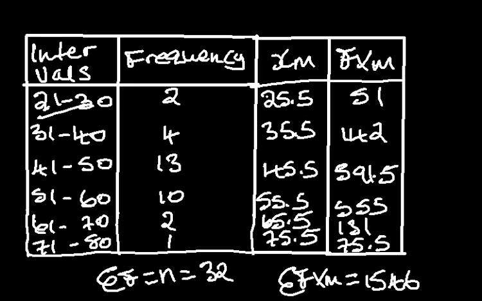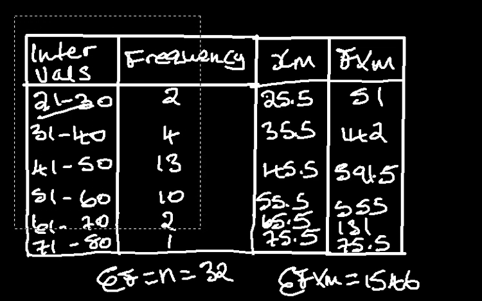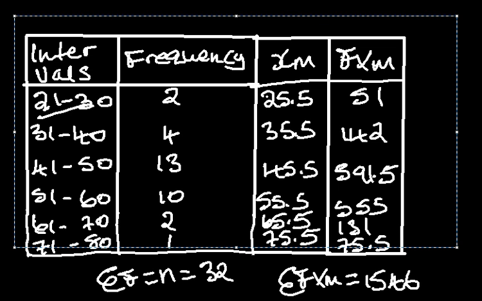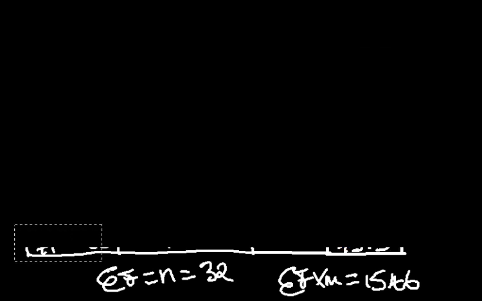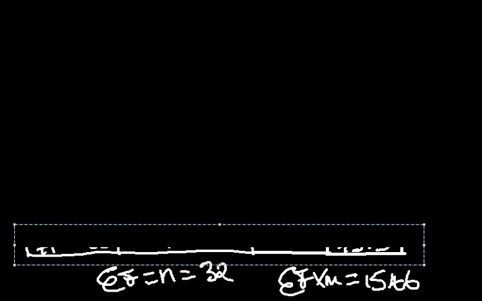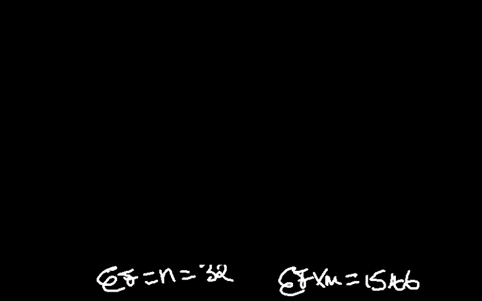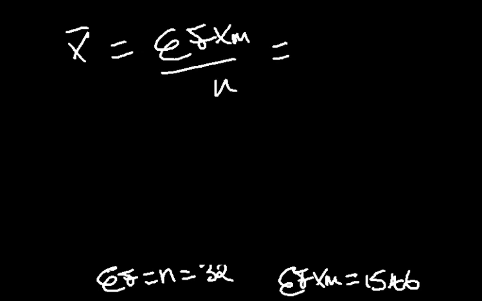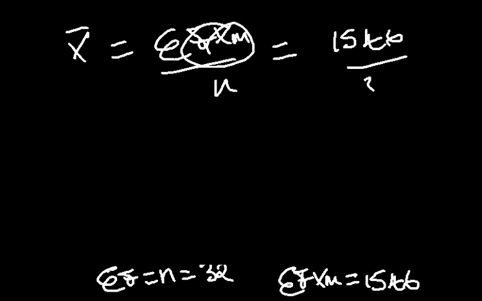So that's what we have. That information is enough for us to have the average for the grouped data. In this case, the average is equal to the summation of fxm divided by n. That is 1546 divided by n, which is 32.